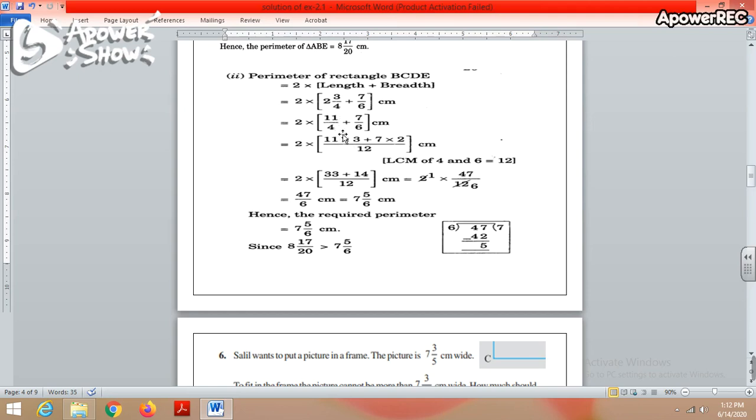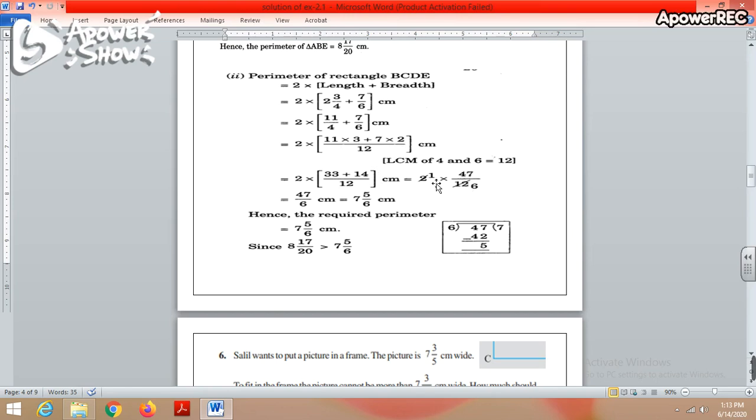So 4 multiplied by 3 equals 12. So we are going to multiply 11 by 3. Similarly here 6 is multiplied by 2, so we have to multiply 7 also by 2. So 11 times 3 is 33, 7 times 2 is 14, and 33 plus 14 equals 47 by 12.